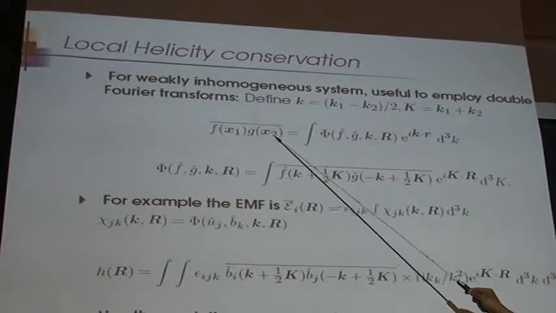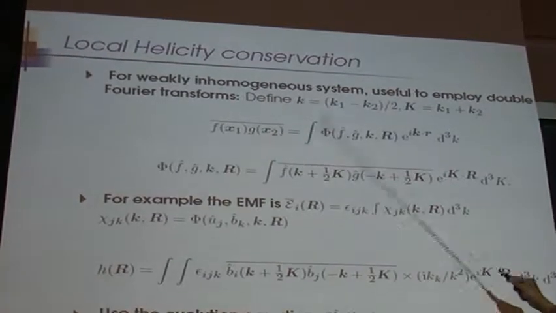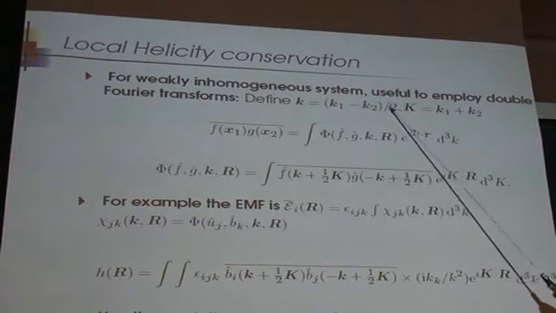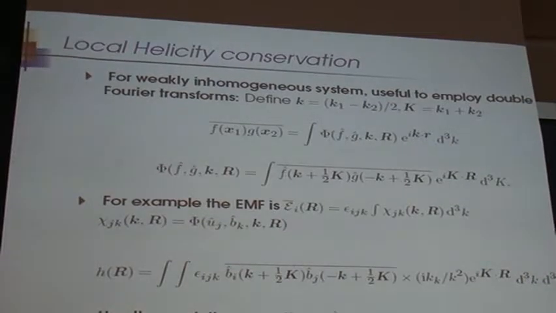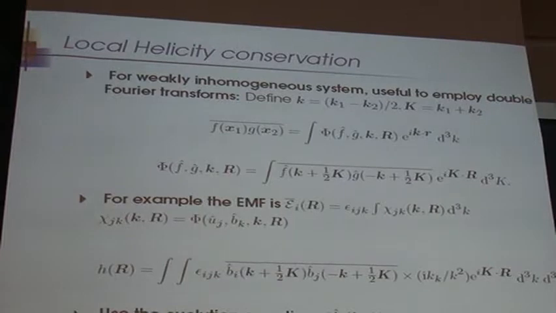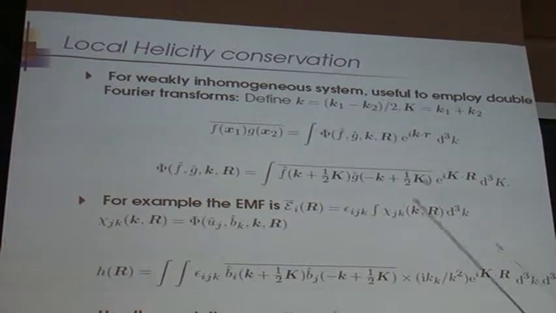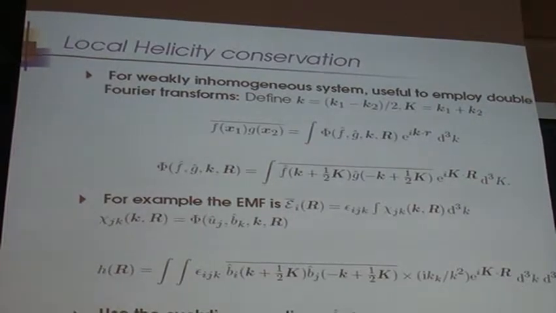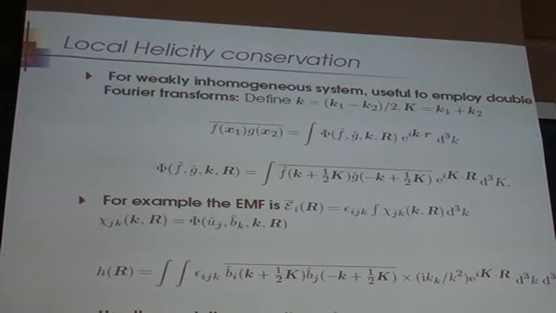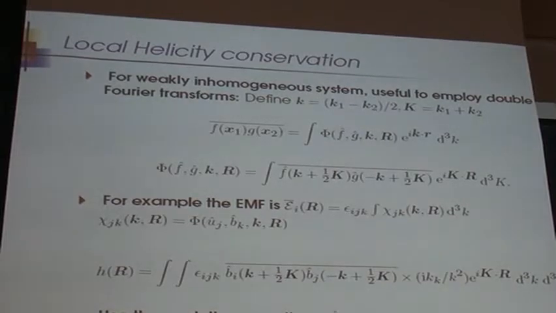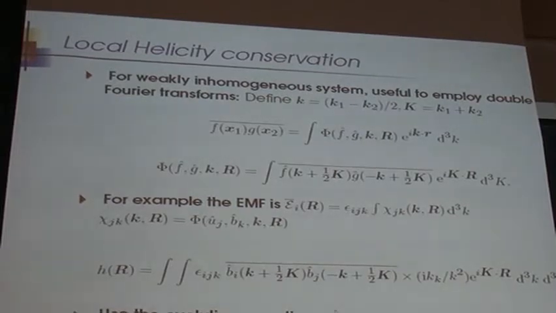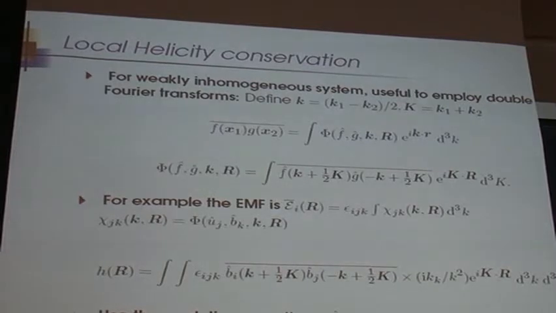And now you make these combinations: k1 minus k2 by 2, and capital K is k1 plus k2. In the Fourier transform, you would have an e to the i k1 dot x1 plus e to the i k2 dot x2.